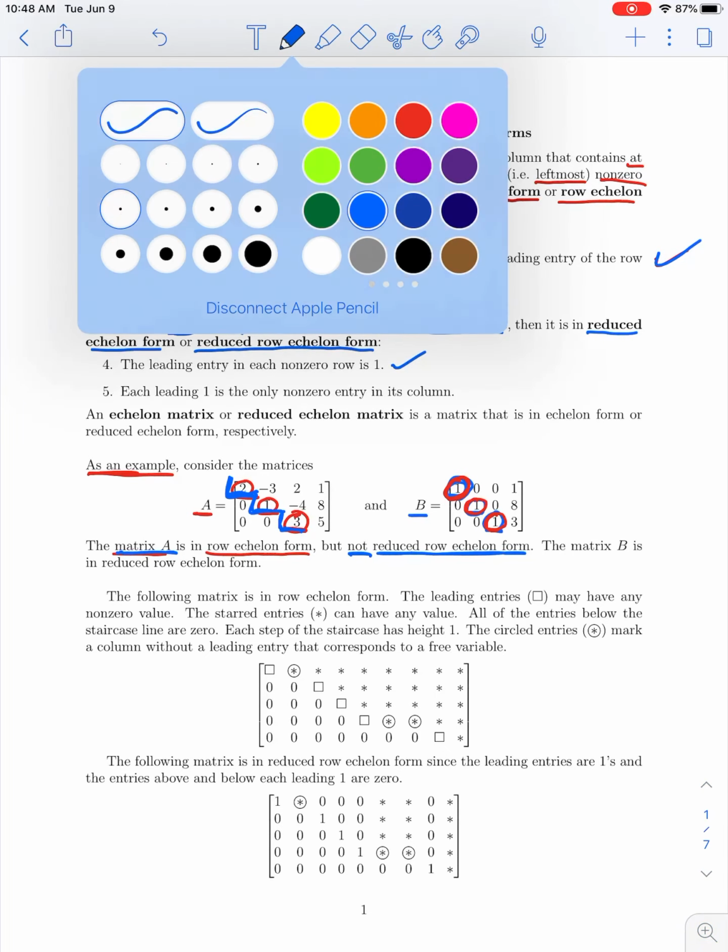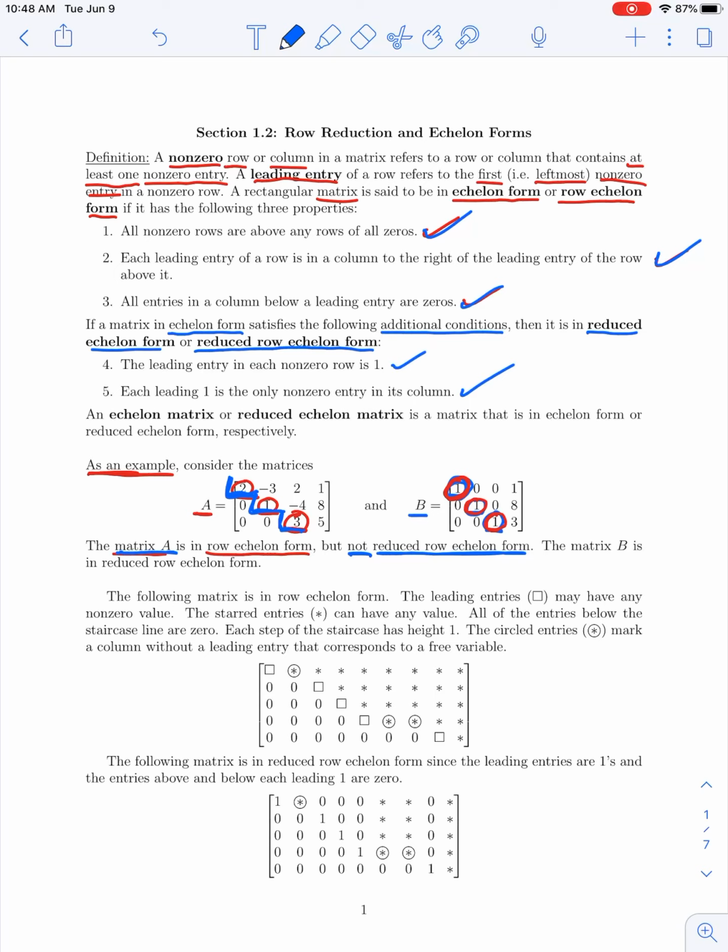So it does indeed satisfy the fifth condition for being in reduced row echelon form. So here, the matrix B is said to be in reduced row echelon form. And matrices which are either in echelon form or reduced echelon form are referred to as echelon matrices or reduced echelon matrices.